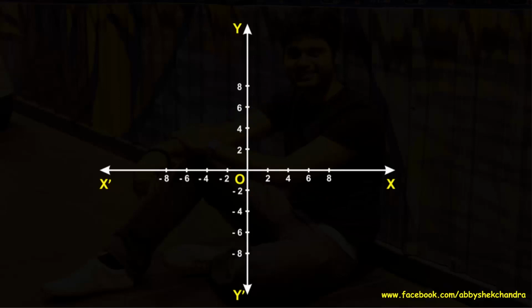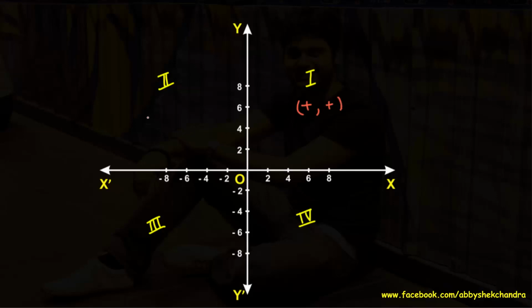The coordinate axis x dash OX and y dash OY divide the plane into four quadrants. This is the first quadrant, this is the second quadrant, this is the third quadrant, and this is the fourth quadrant. Clearly, any point that lies in the first quadrant will have both the coordinates positive.